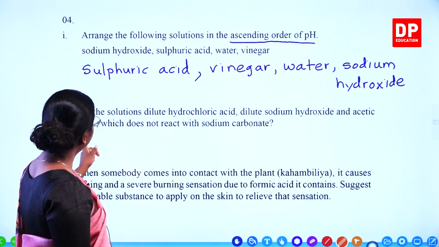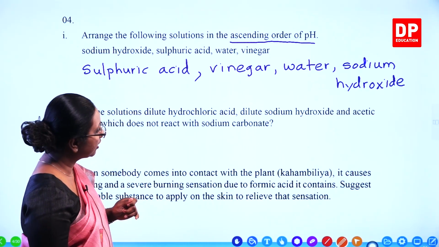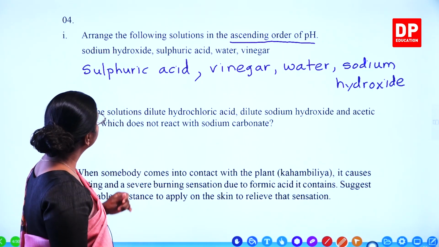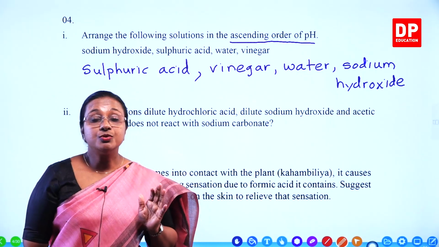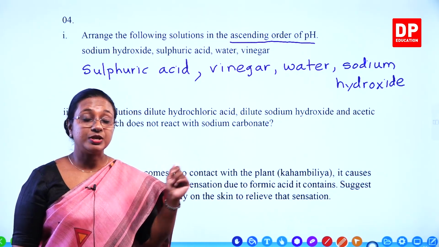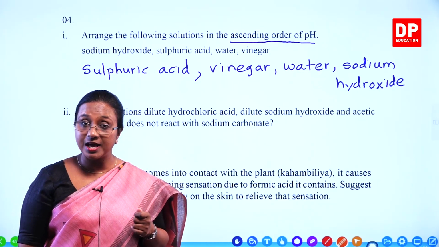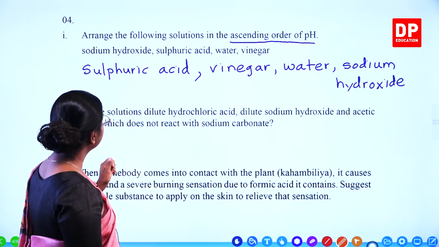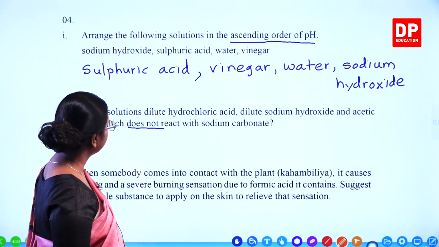Then the next one. Of the solutions, dilute hydrochloric acid, dilute sodium hydroxide and acetic acid, which does not react with sodium carbonate? You know carbonates, that is sodium carbonate, can react with acids evolving carbon dioxide. So here the question is which does not react with sodium carbonate.